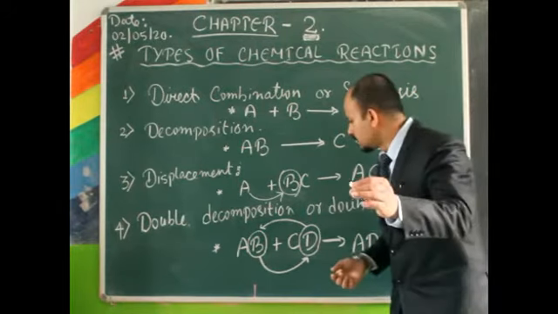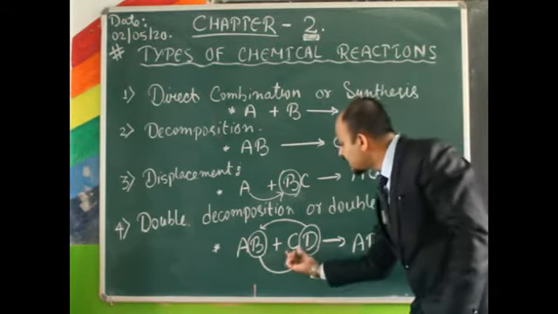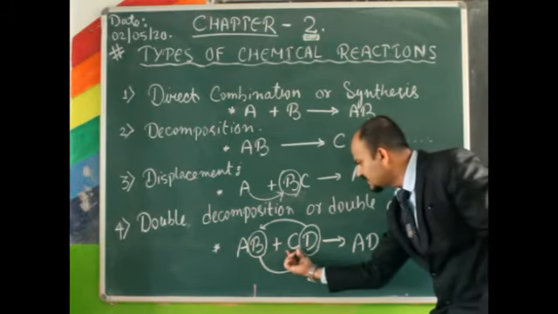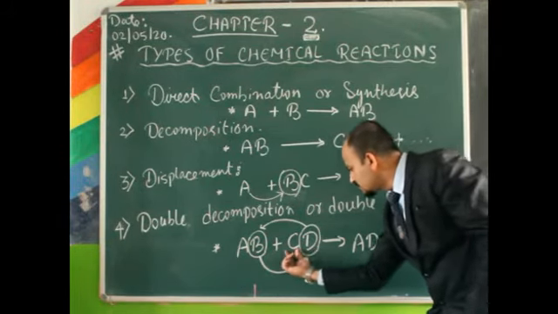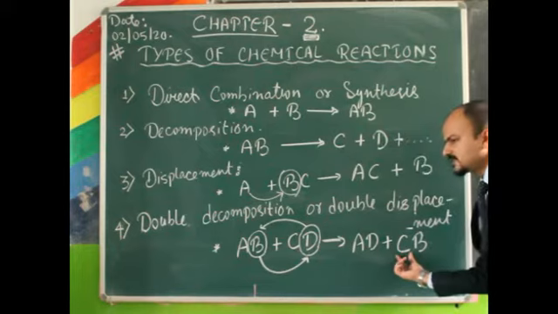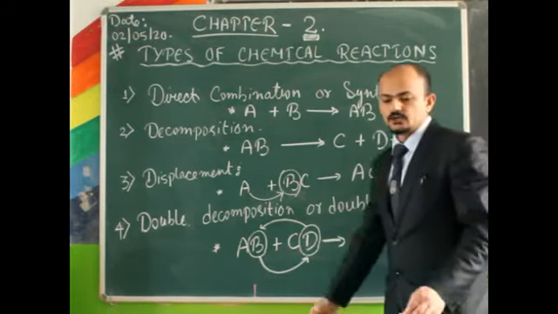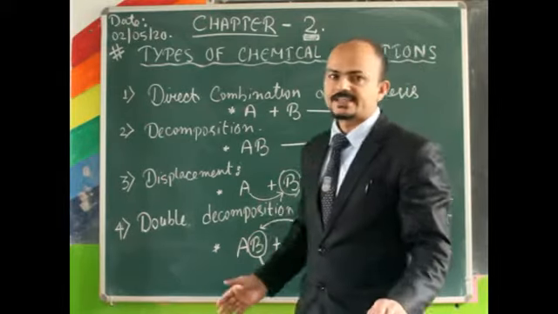And please remember, while writing the product, the cation is always written first. So this is positive cation, this is anion. The cation part is always written first, then the anion. Okay? So these are the 4 different types of reactions.